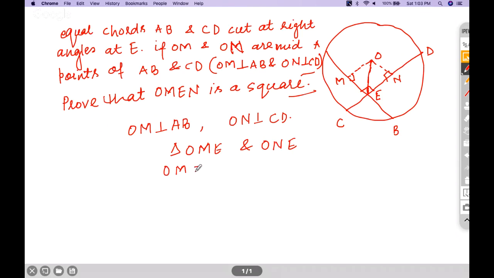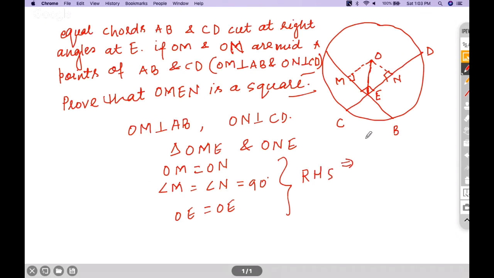OM is equal to ON because perpendiculars drawn to equal chords are equal, and angle M is equal to angle N, which is equal to 90 degrees, and OE is equal to OE. It means that I have RHS congruency. If I have RHS congruency, then ME would be equal to NE. I have already proved it. And OM is equal to ON.